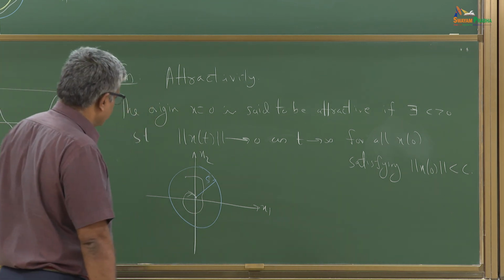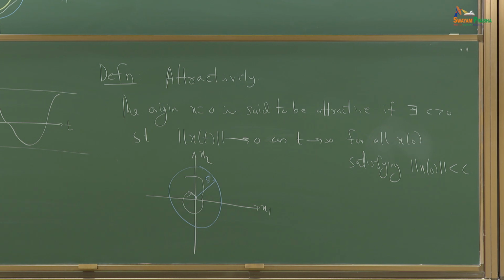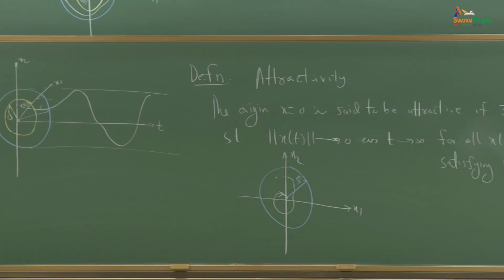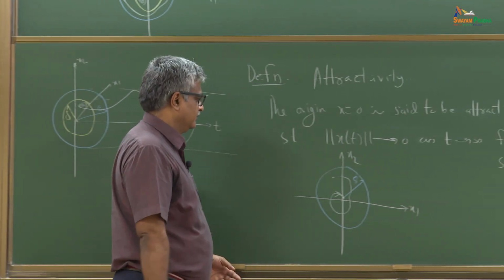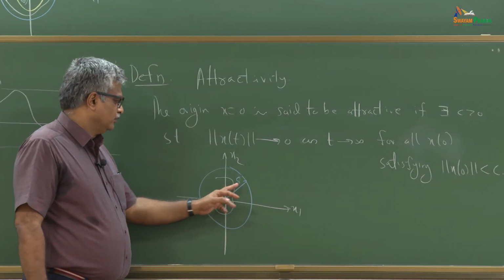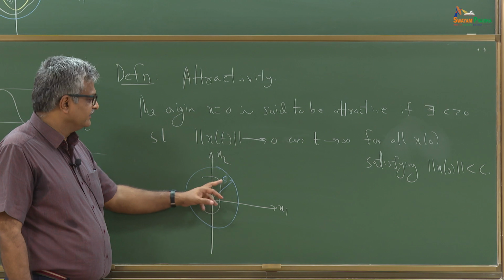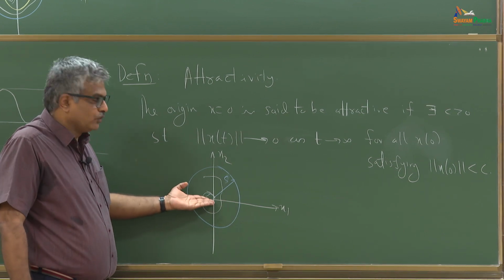Now I have a question. Do you feel this attractivity is a stronger notion, or does it imply stability? Yeah, that would be the right question. Does attractivity imply stability? It is easy to convince yourself, well, I am going to the origin.